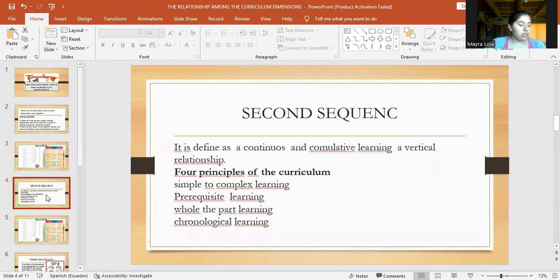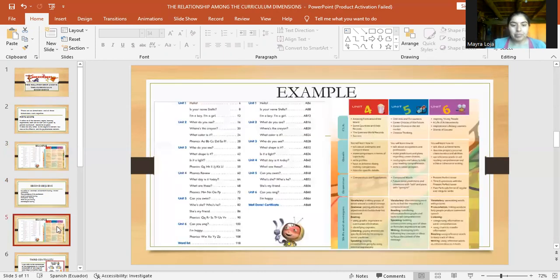And next, we are going to talk about the second dimension, which is sequence. It is defined as continuous and cumulative learning in a vertical relationship, because the students are going to accumulate learning with the passing of time. At all the levels, the students are going to see a new scope, as you can see here.